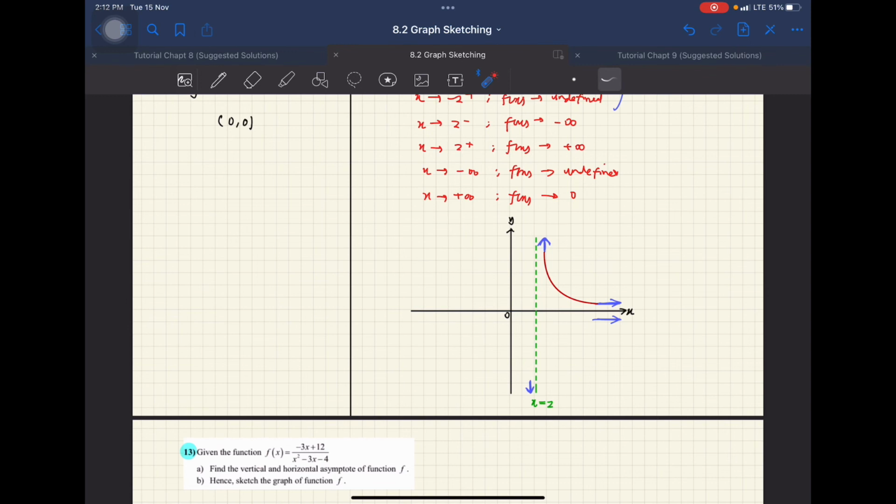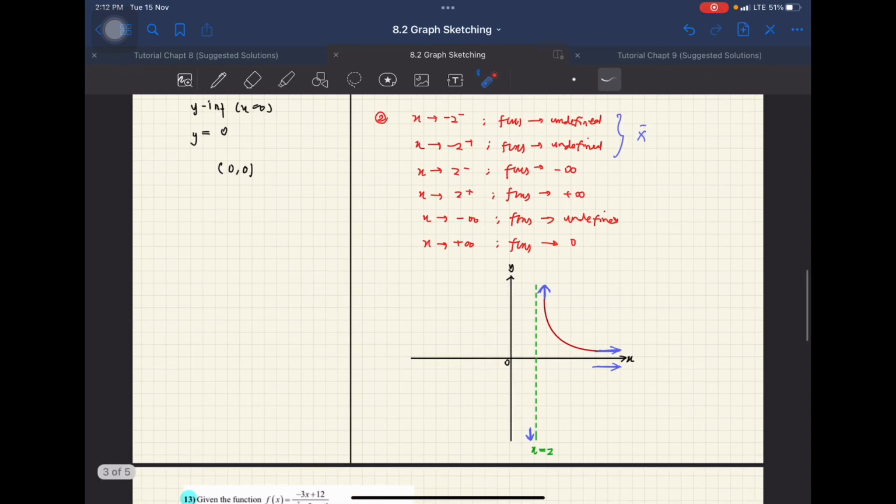Okay, tapi awak kena tengok this one, kalau kita baca balik dekat sini. Bila kita tengok balik pada yang saya highlightkan ini, dia cakap ada graf daripada belah kiri. Okay, so bila graf tu datang daripada belah kiri, menghampiri 2, dia akan pergi ke bawah.